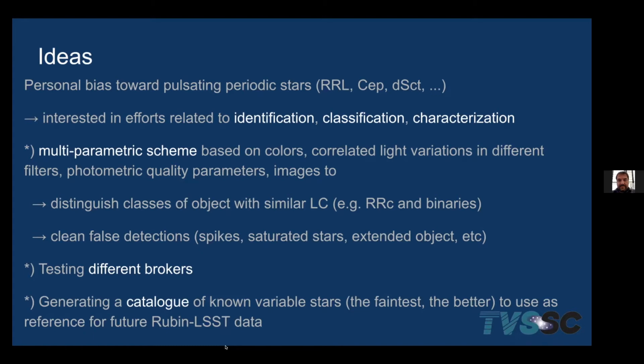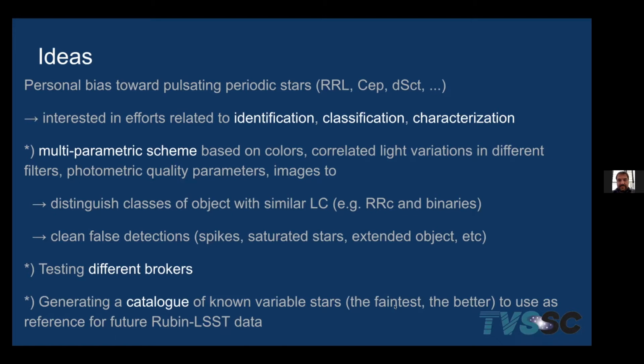but also to use all the constraints that one can have from the observation, such as colors, such as the light variation, which are correlated in different bands, which we will have with Rubin LSST. Also the photometric quality parameters that the photometric codes allow to use, and also maybe straight looking at the images.